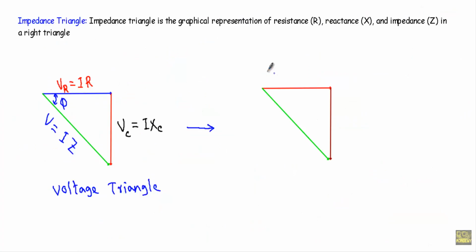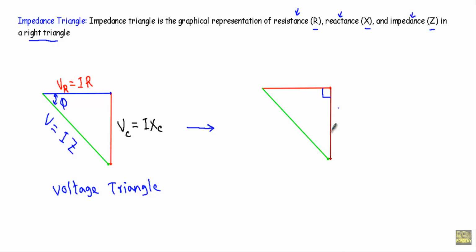Now I will show you the impedance triangle of series RC circuit. Impedance triangle is a graphical representation of resistance R, reactance X and the impedance Z in a right triangle. That means our impedance triangle will be a right triangle in which three sides, one will indicate the resistance, one will indicate the reactance, and another will indicate the impedance Z. Let's say I have this right triangle.